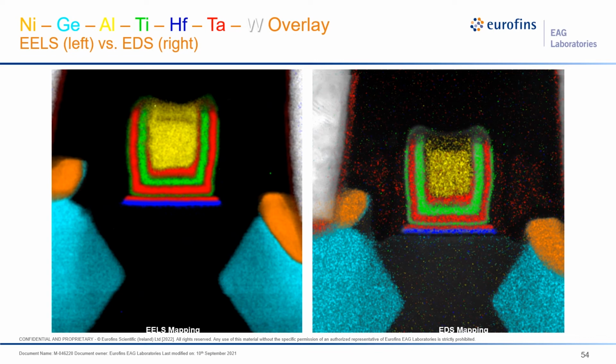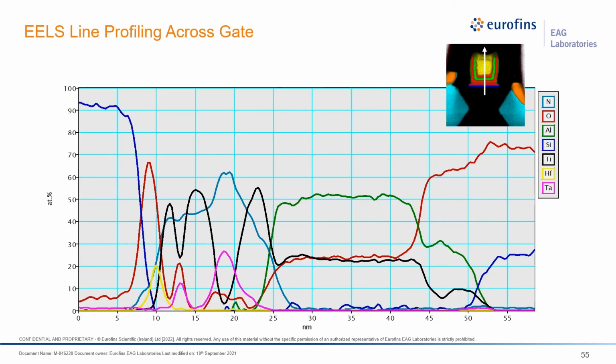But EDS is quicker and dirtier analysis, just in case. After the mapping, you can do semi-quantitative analysis across the gate, analyzing nitrogen, oxygen, all the way to heavy elements like tantalum.